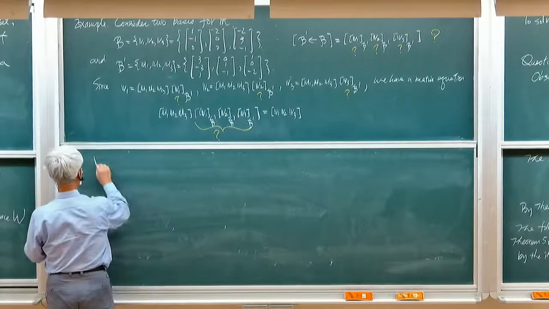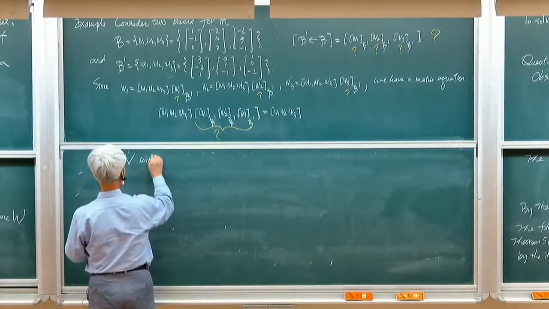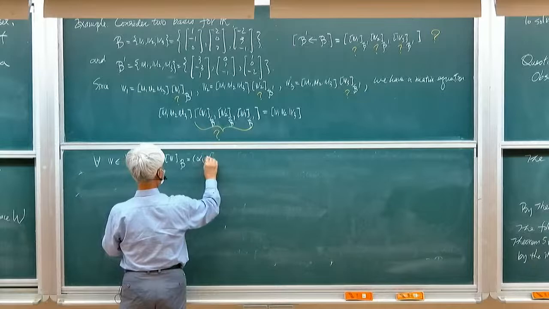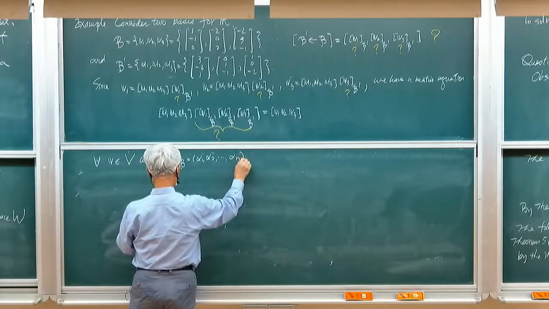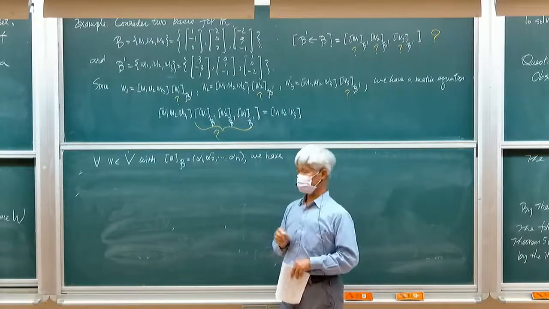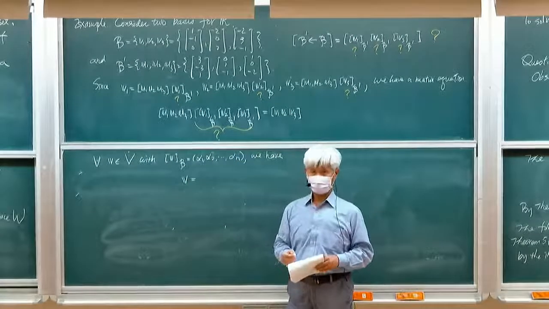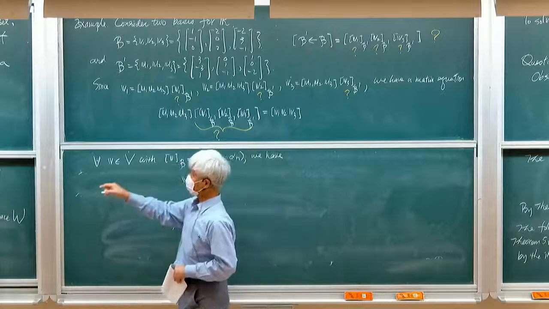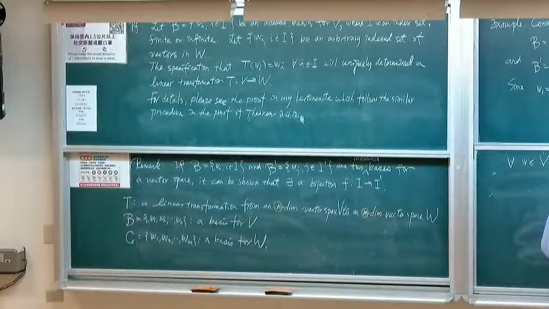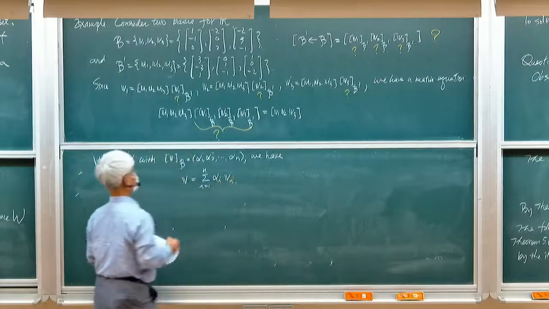Now, for all V in the domain, the B coordinate of V is alpha 1, alpha 2, up to alpha n. So with this B coordinate, we can recover V by a linear combination of the basis vectors in B, that is, the summation of alpha i times Vi.